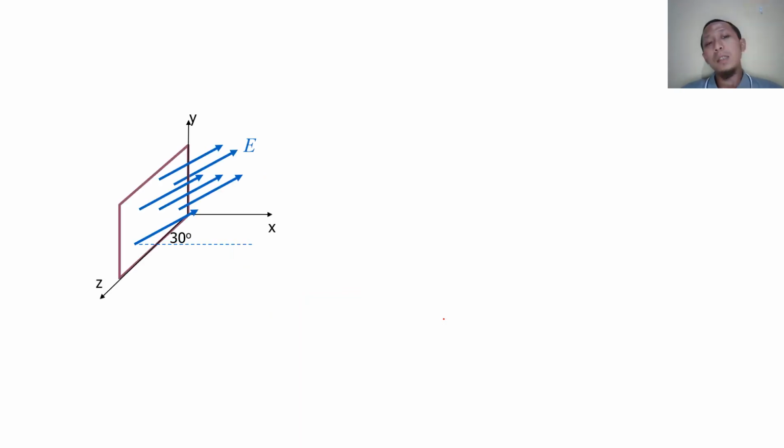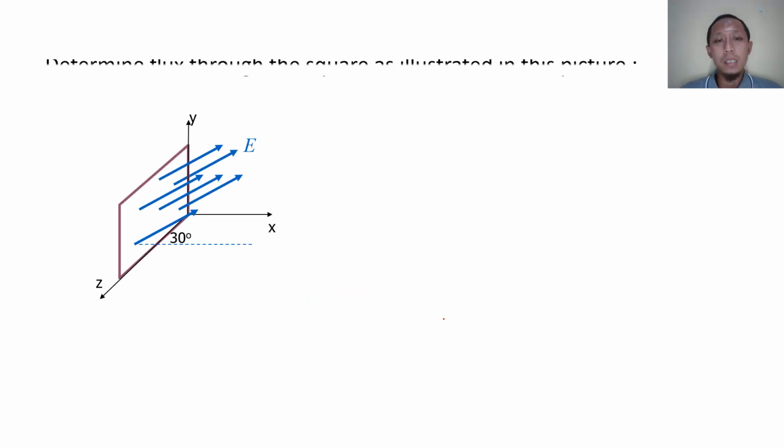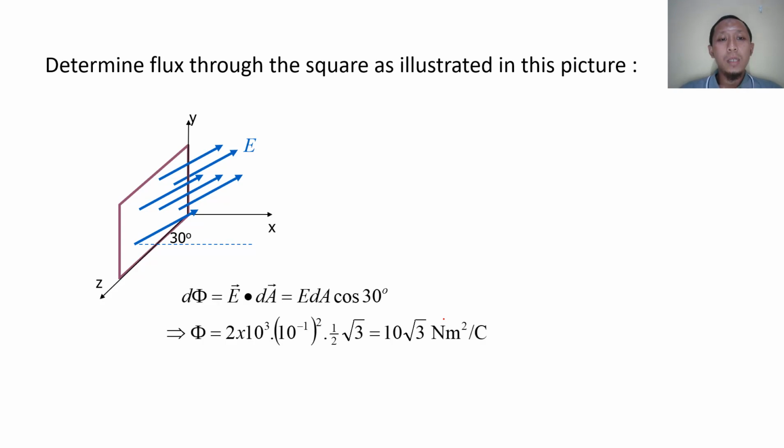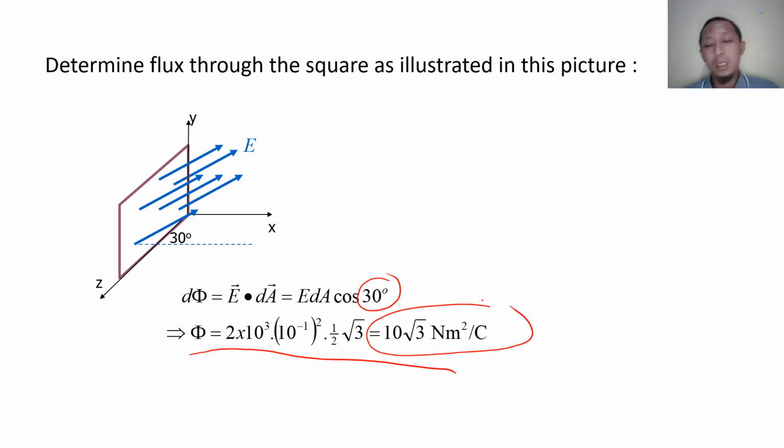Okay, and then if the direction of E is changed like this one, we can use the same or a similar equation here, but cosine theta is not 0, it is 30 degrees. So we can get this flux like this one. Cosine 30 degrees is half of the square root of 3. So we can get this result.